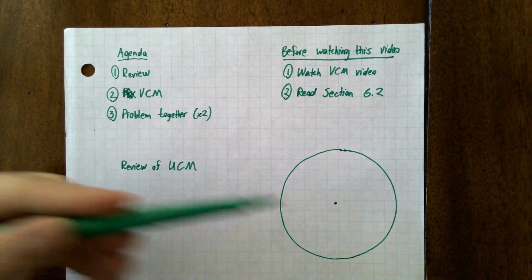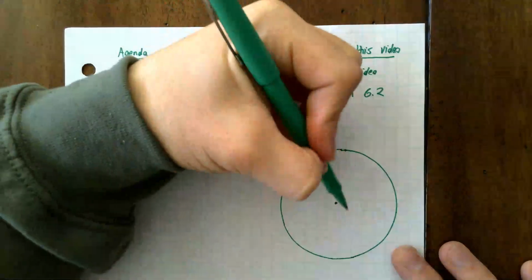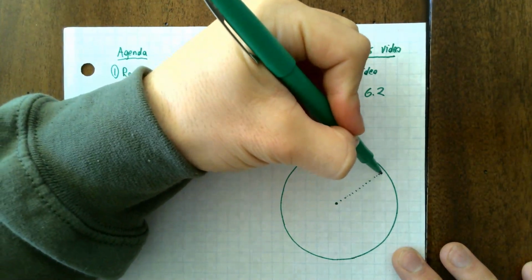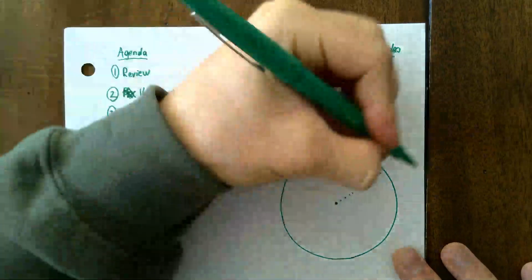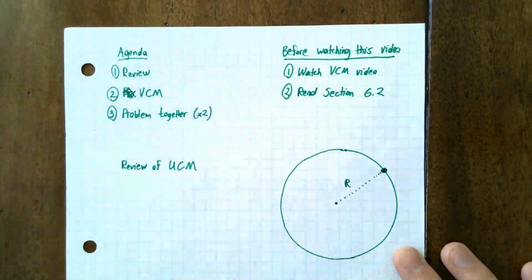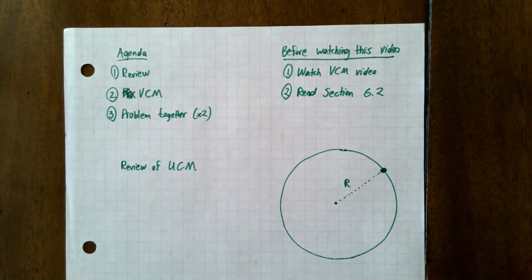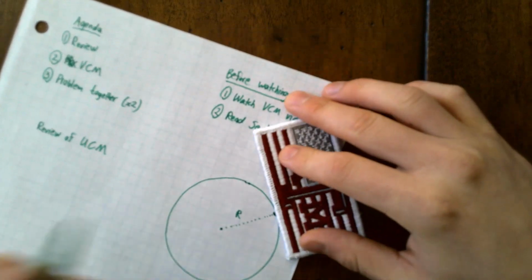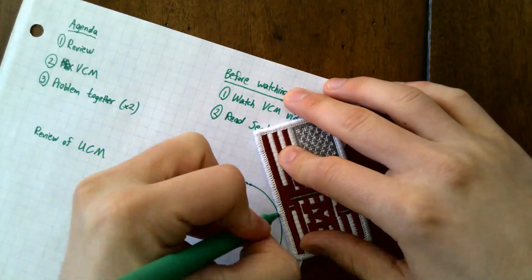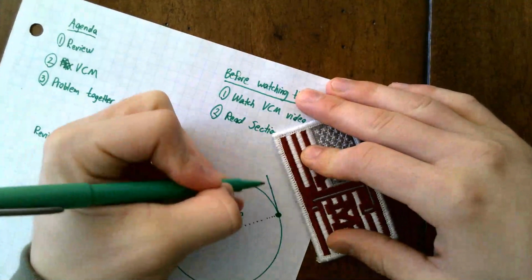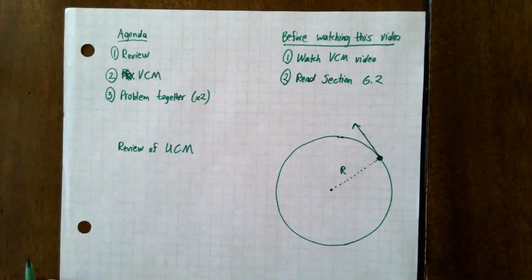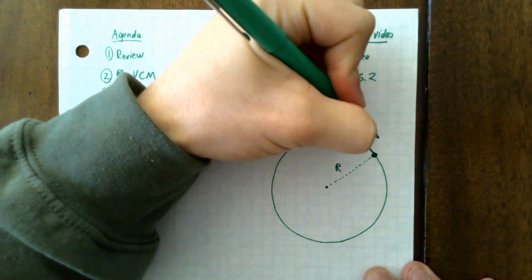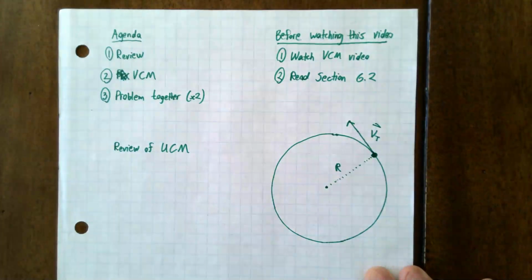All right, our review of uniform circular motion. This will be quick. I have our circle here, and that circle has some radius, which we'll represent with capital R. We have some object traversing the circle. At any moment, the direction of that object is tangent to the circle. So there's our velocity, tangent to the circle.